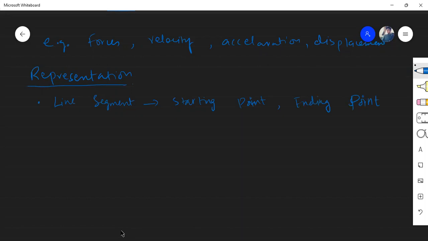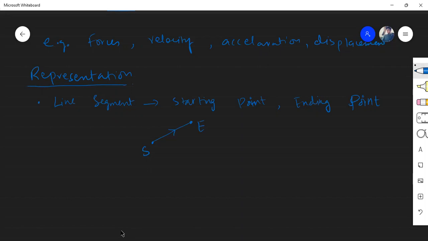It cannot be a line where I don't know where it is ending. To represent a vector, I need to show the starting point and the finishing point. So it is something like this, where this is the starting point and this is the ending point. Clear?